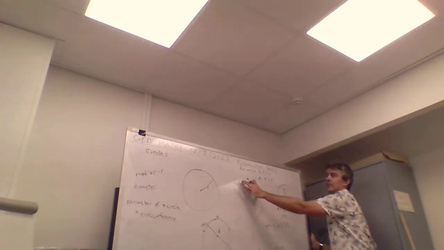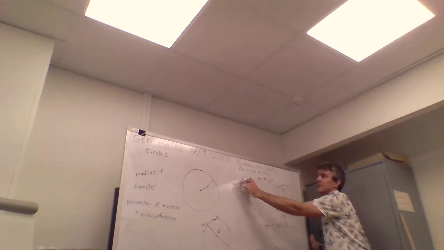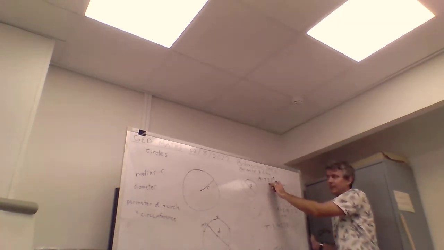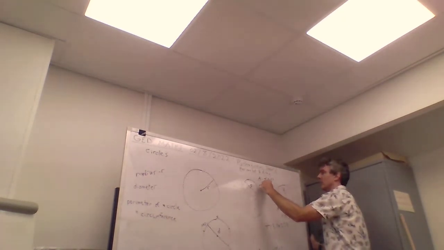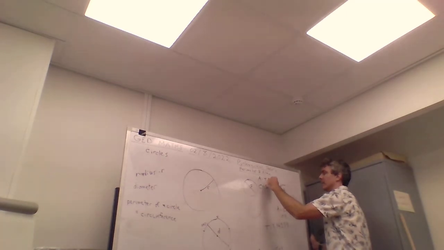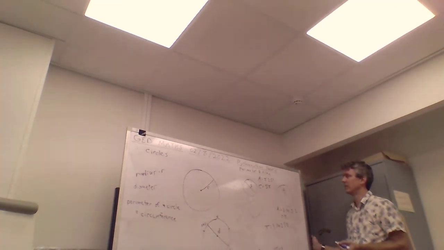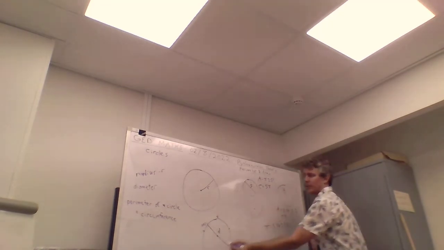So the full diameter is 5, so the radius is half of that, 2.5, okay? And the circumference would equal 5 pi, using the diameter, 5 times pi.